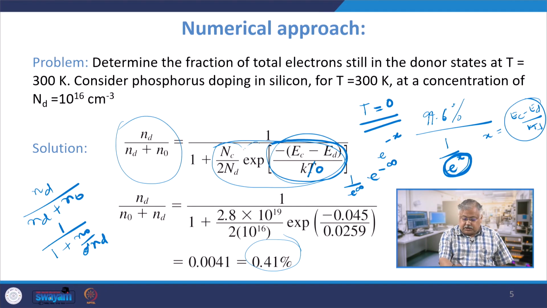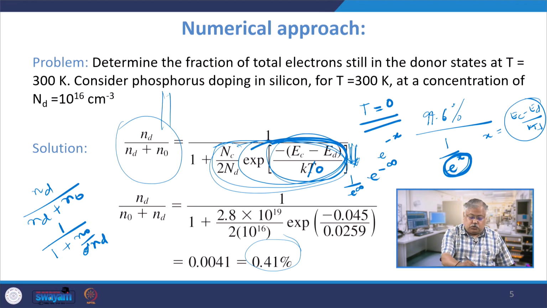So this quantity goes down drastically, which implies that the whole denominator goes down, and therefore this quantity shoots up, which means that 1 upon 1 plus N naught by Nd shoots up, meaning that your dopant species are almost giving you none. It can only shoot up when Nd becomes larger and larger, and N naught should go to a very low value, and that is the reason you will see that the concentration will fall down drastically at lower temperature.